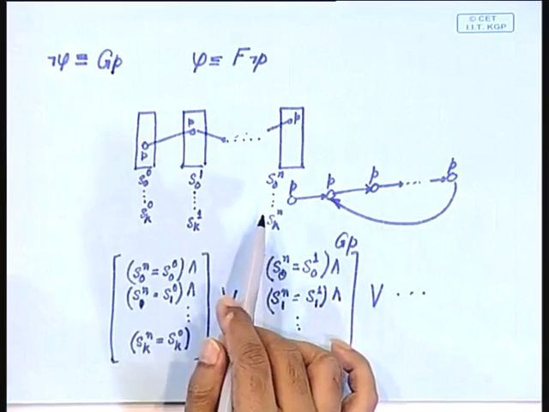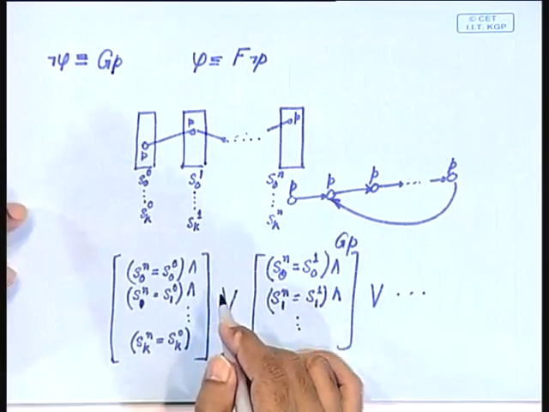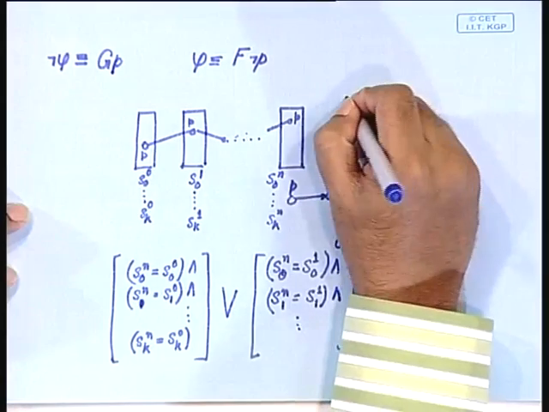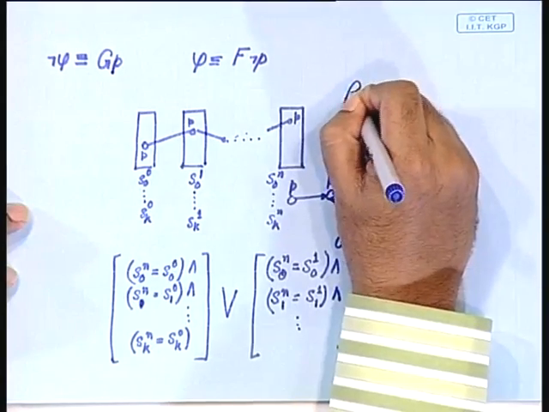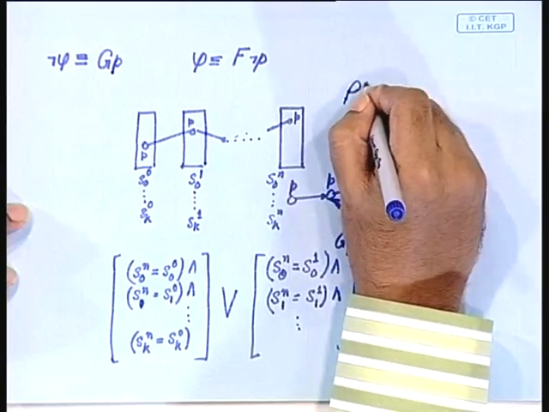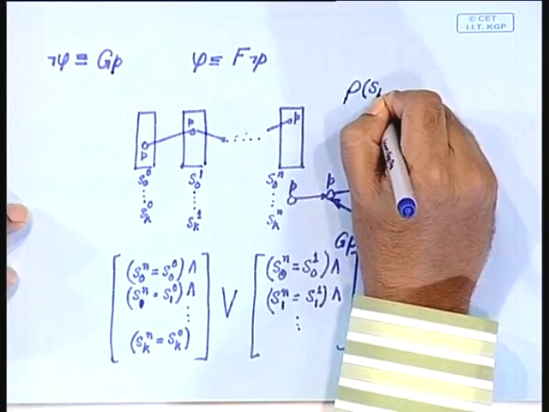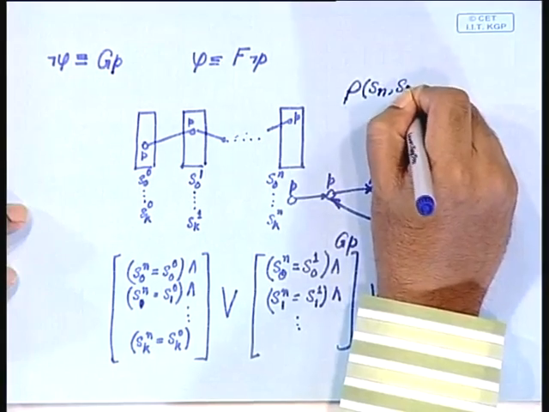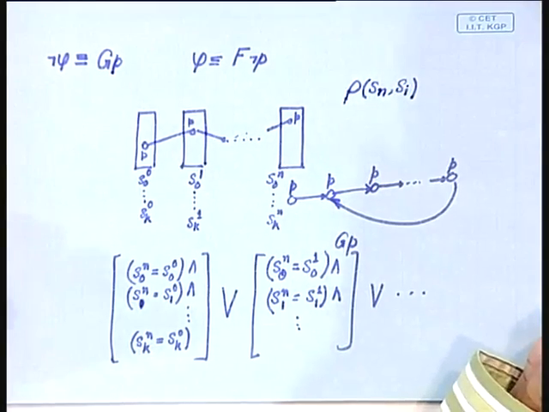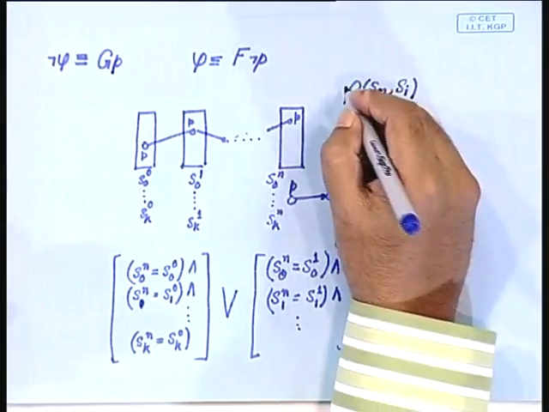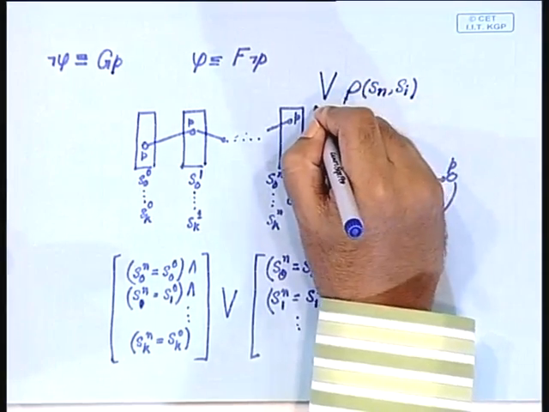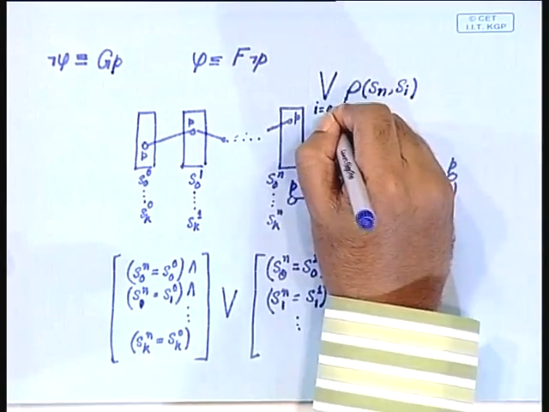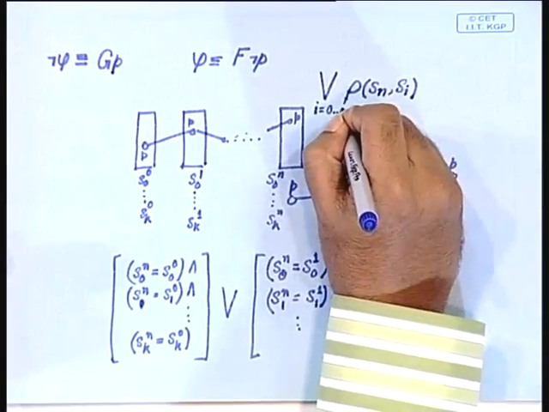Another way of looking at it is to check whether the transition relation rho, Sn to Si, is true, and or over this for i equal to 0 to n.